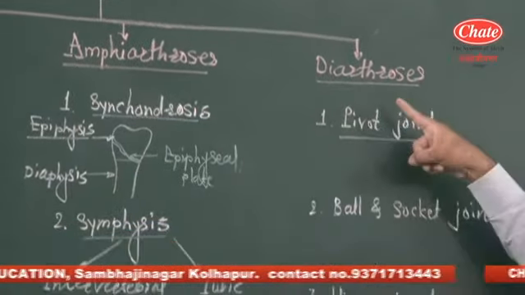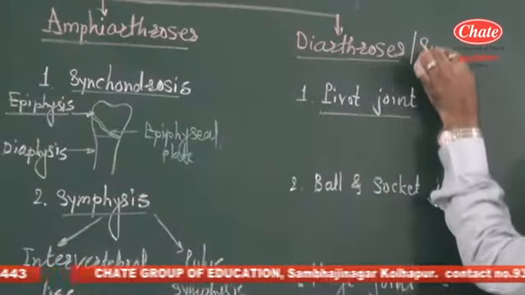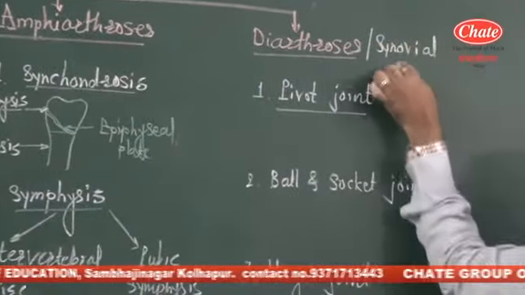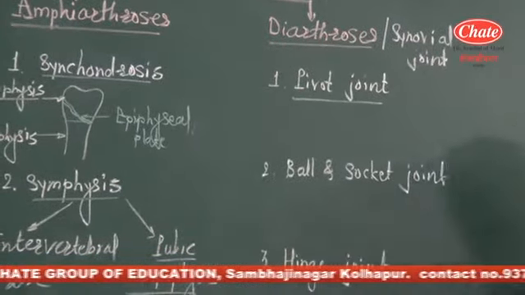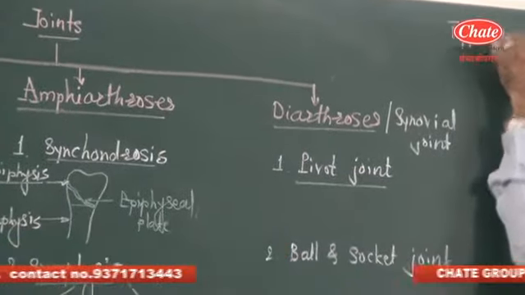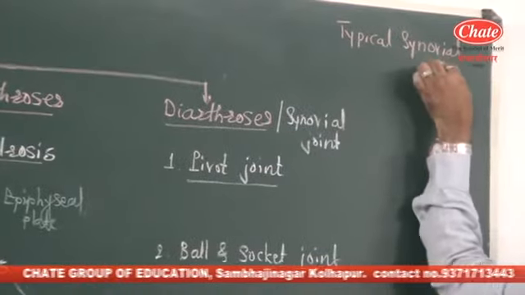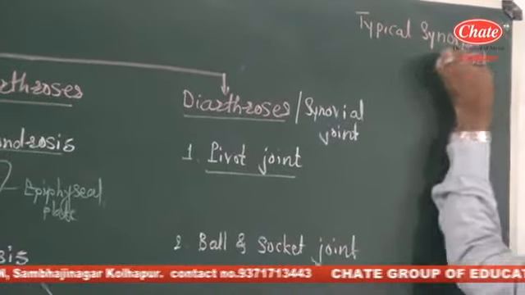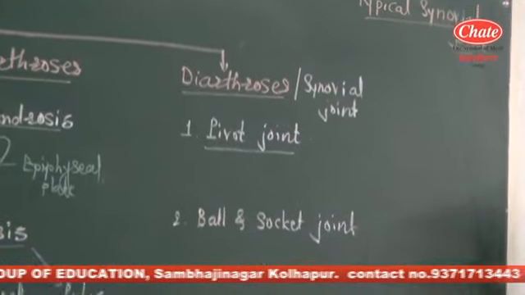While diarthrosis is also termed synovial joints. The most important peculiarity: first concentrate on the typical synovial joints. The structure present in each joint is the same.